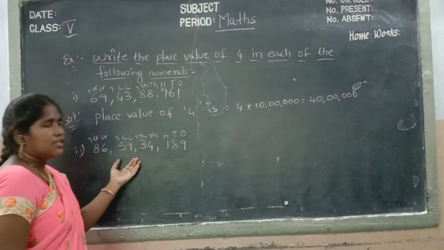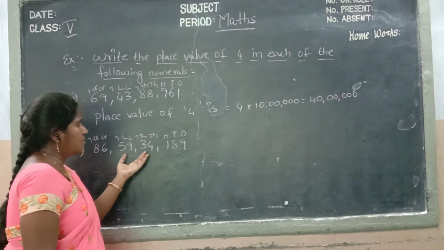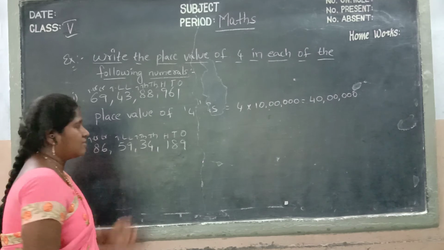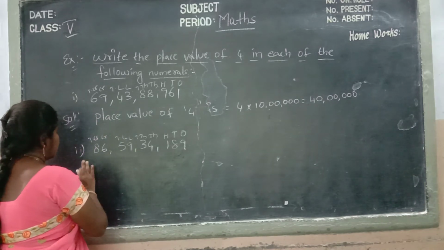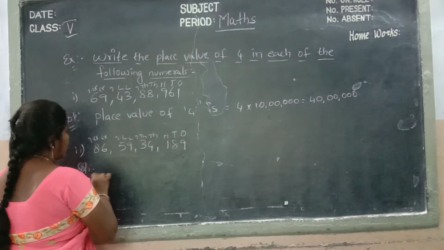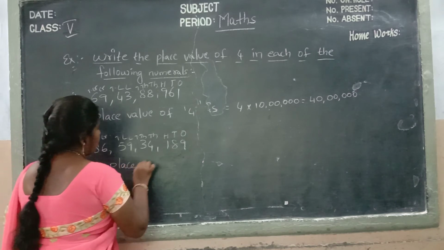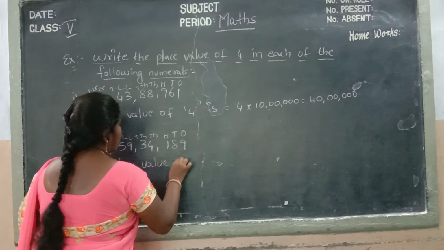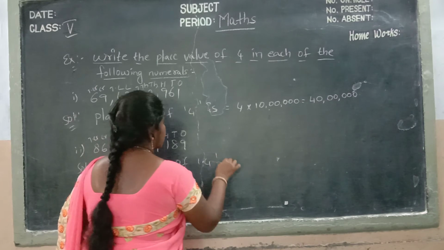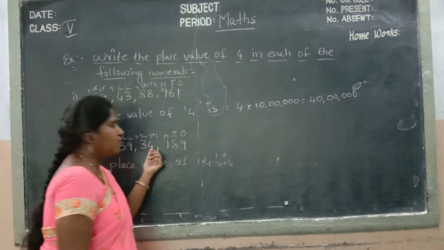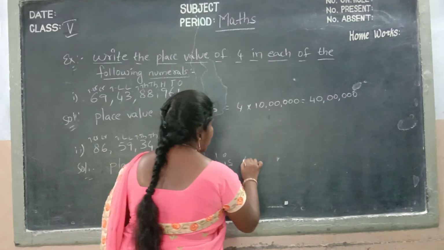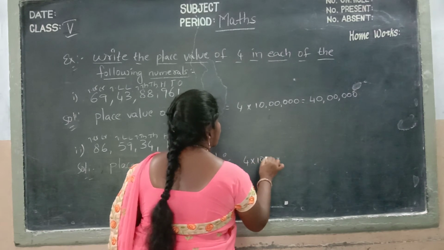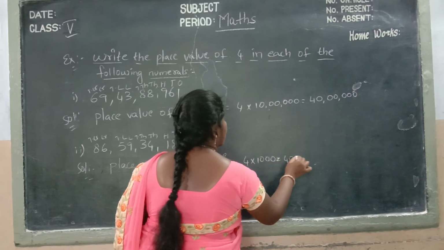See children, in the given sum we have 4 in the thousands place. So the answer is, the place value of 4 is, which place, children? 4 is in the thousands place. Right? 4 into 1000, that equals 4,000.